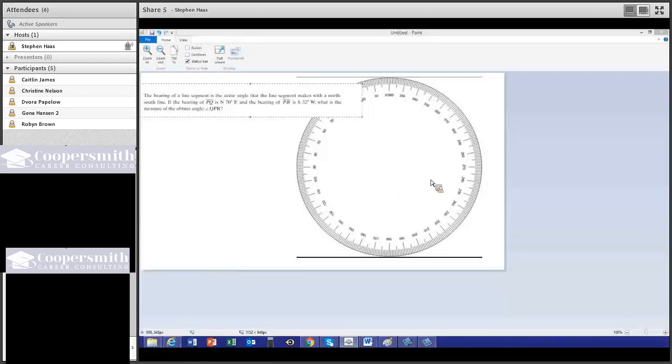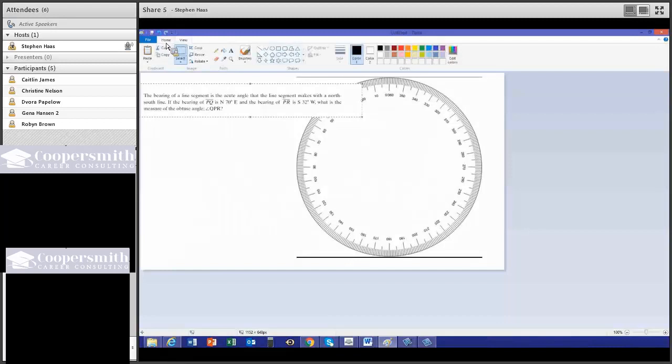If the bearing PQ is north 70 degrees east, so let's make a line, and this line is going to start in the middle. We'll start it right over here somewhere, and north 70 degrees east means you're facing north and moving over 70 degrees to the east.